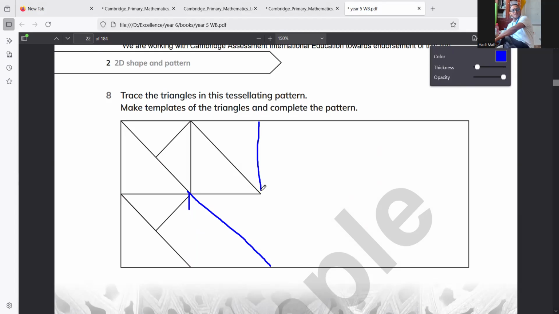Go down with this one, this way. Go with this one down from here, and go down this way. Join this one, this way.